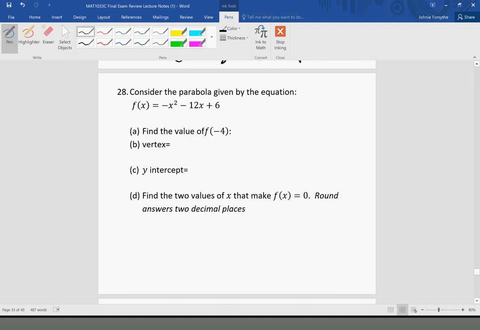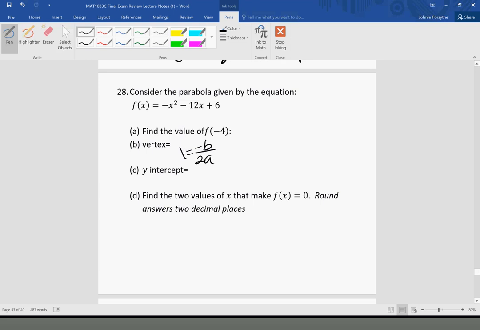Let's look at if it's not in vertex form, like example 28 here. f of x, or it may say y, same thing, equals negative x squared minus 12x plus 6. So let's skip to b for right now. To find the vertex when the equation is in standard form, we're going to find the x coordinate, which would be negative b over 2a.